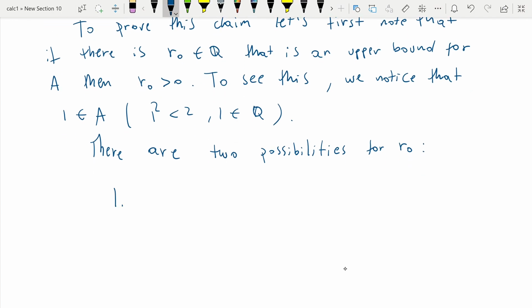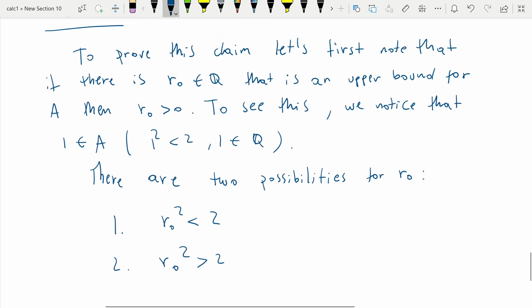One, r naught squared is less than 2, and two, r naught squared is greater than 2.